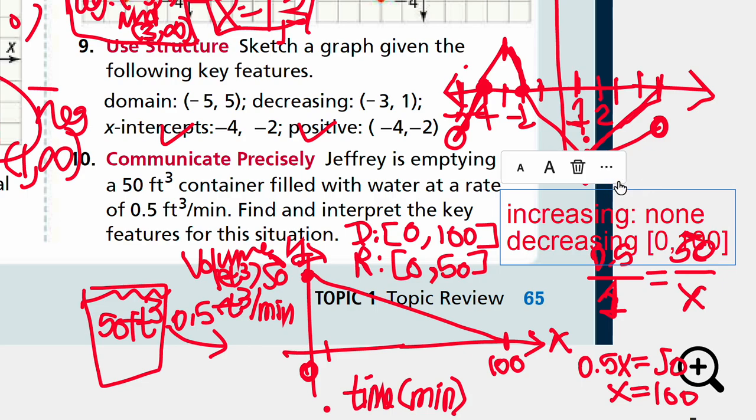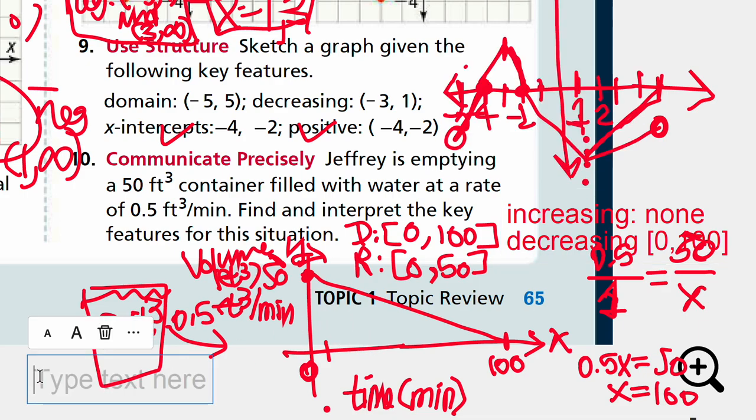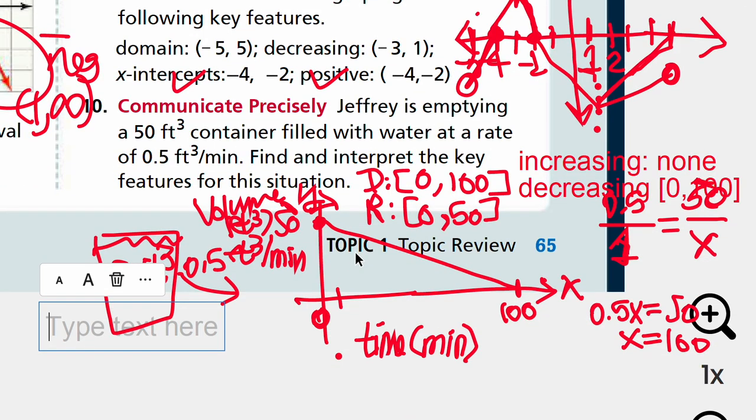We also want to find out the x and y intercept, and where the graph is positive and where it's negative. So your x-intercept, let's write it here. X-intercept is when the graph crosses your x-axis, which is at (100, 0).